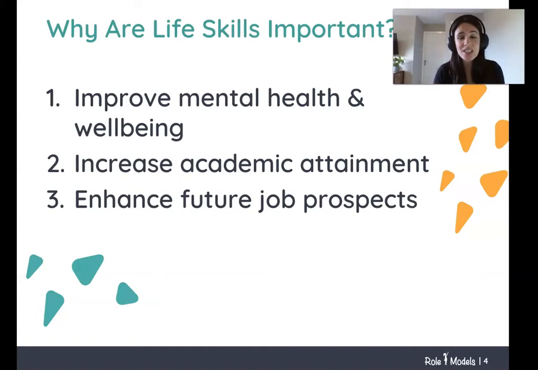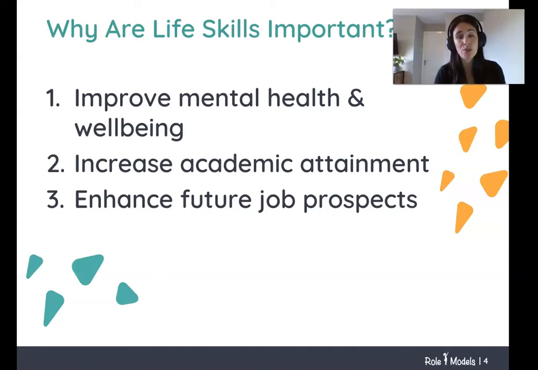We also know that these skills impact academic attainment too. There is a clear relationship between resilience, grit, determination, that readiness to take risks in the classroom, and reaching your academic potential. And then when it comes to thinking about future job prospects in the workplace, we know that employers aren't just looking for those with top exam grades and qualifications.